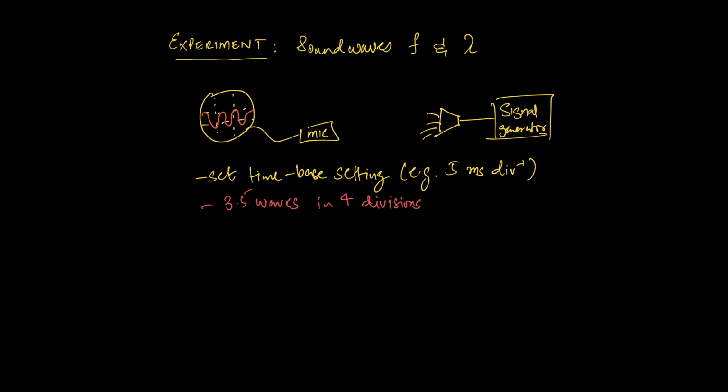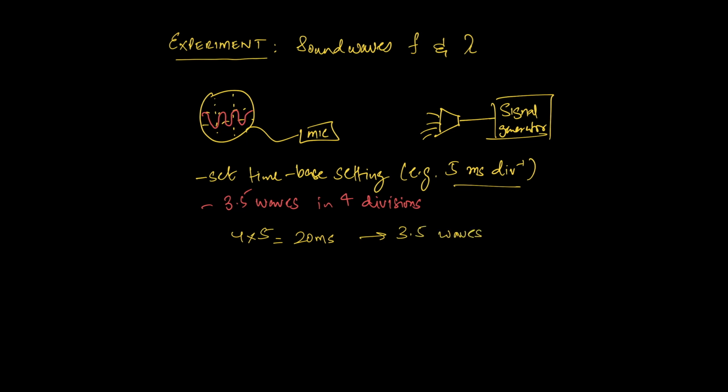How many divisions did you have? We had 4 divisions. So 4 times 5 milliseconds per division is equal to 20 milliseconds, and the 20 milliseconds has 3.5 waves.